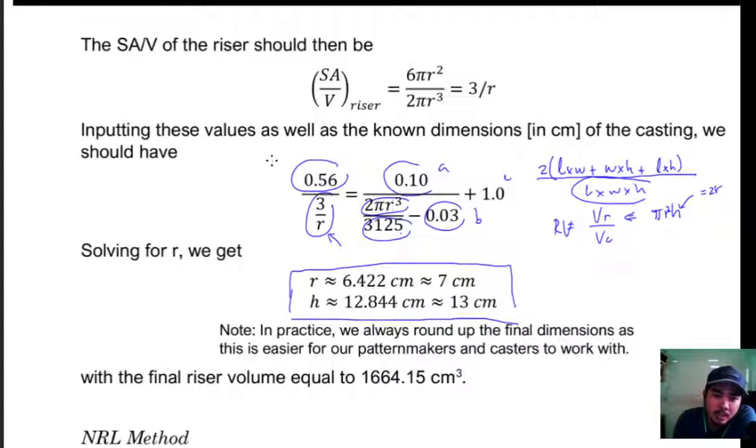Kasi if you look at it, maging r cubed dito, ito 3 over r dito. So, if we multiply all by r, maging r to the fourth. Yun yung highest na degree niya. So, this is of the fourth degree. So, you will have four roots dito, no?